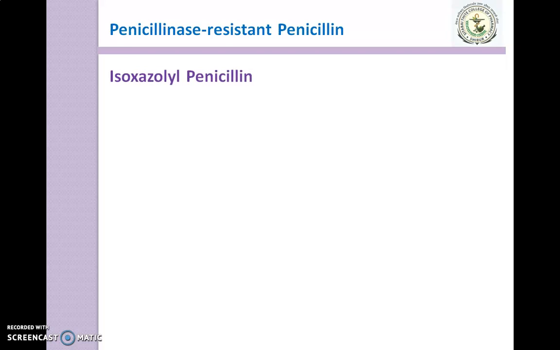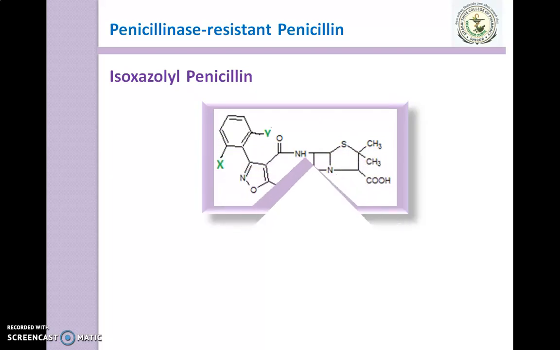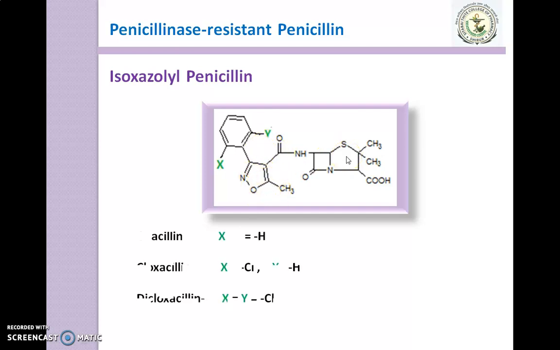isoxazolyl penicillins. The name is given because of the presence of the isoxazole ring along with the penicillin. The different examples of isoxazolyl penicillin are oxacillin, cloxacillin and dicloxacillin.